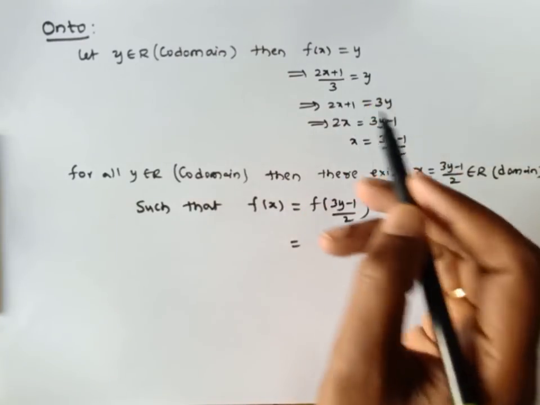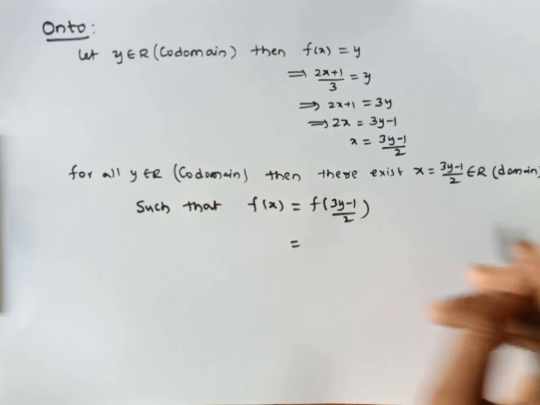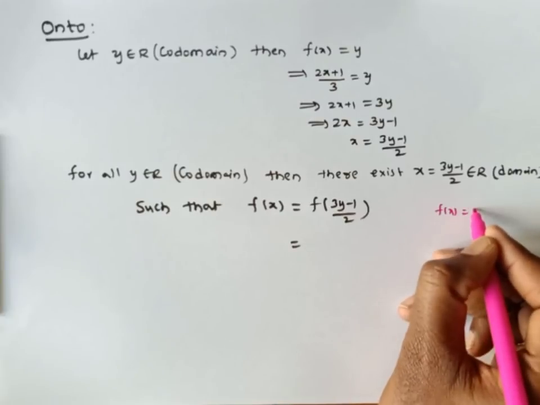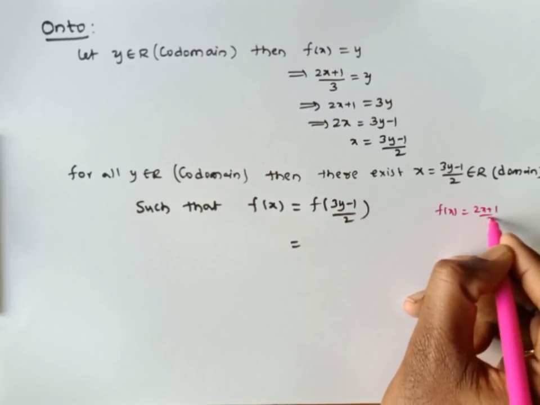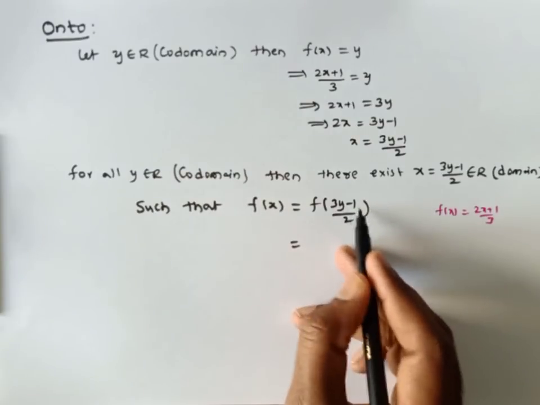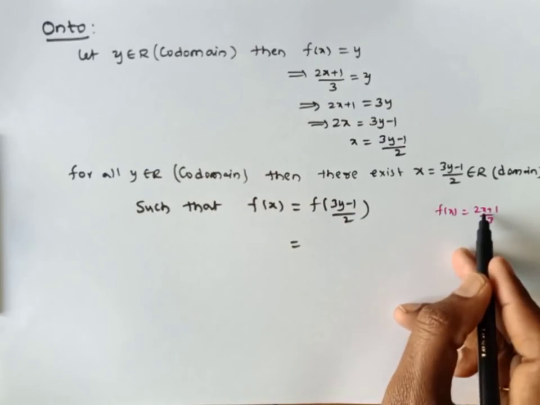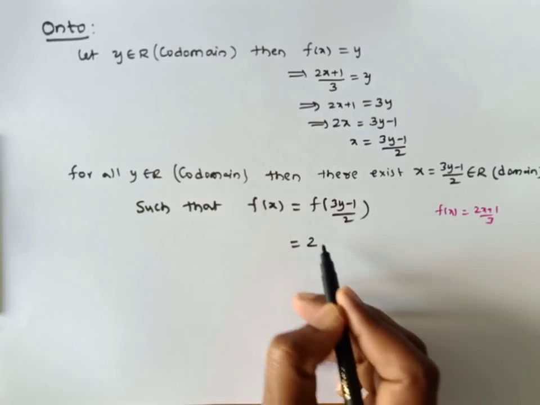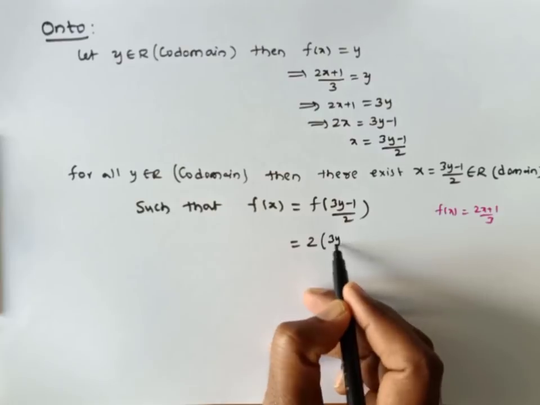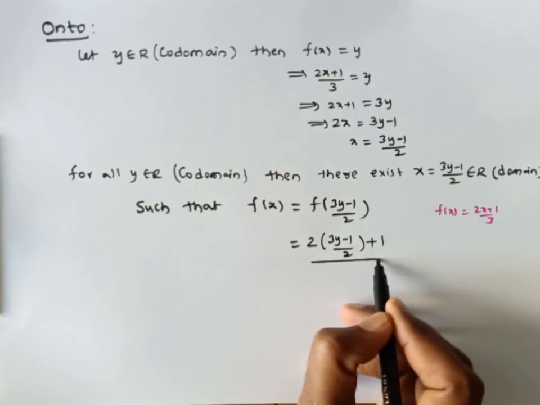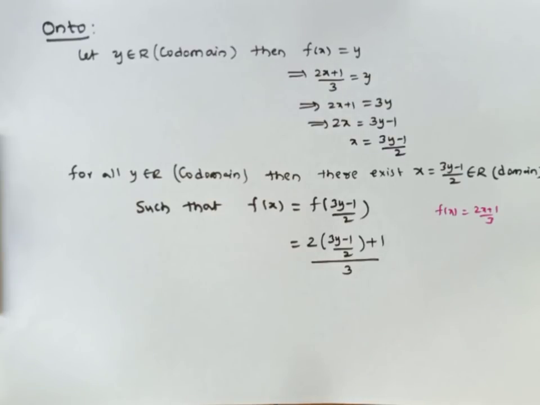Now actually what is f of x? The given f of x is 2x plus 1 by 3, right? Now here you need to apply this relation. So here instead of x, 3y minus 1 by 2 is there. So replace this x with 3y minus 1 by 2, so that it is 2 times of 3y minus 1 by 2 plus 1 whole by 3.